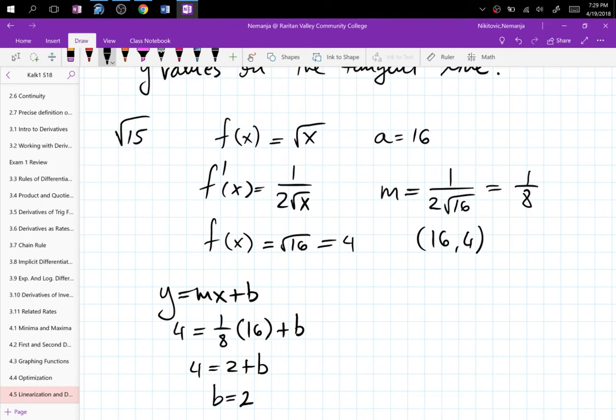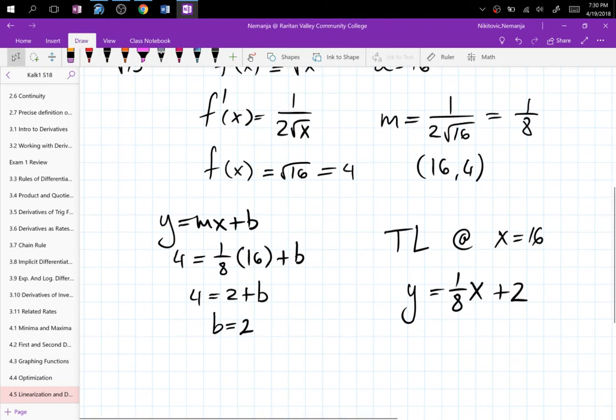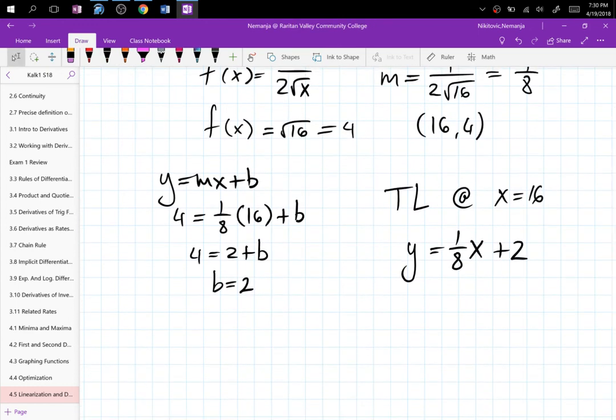So what's my tangent line? My tangent line at x equals 16, which is close to 15. That's the key. You have to pick a value that is easy but close to the thing you want to find. So the tangent line is y equals 1/8 x plus 2. And this is the claim now.